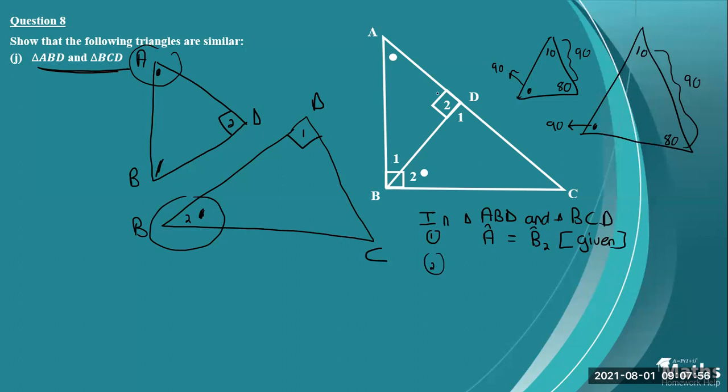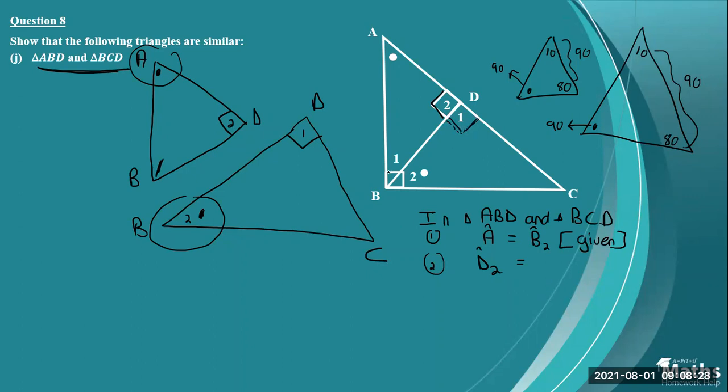Angle D2 there is equal to angle D1. Okay, why is D1 going to be 90 degrees as well? Because it's adjacent angles on a straight line. A, B, D, that one will be 90 degrees, and B, C, D, that one will also be 90 degrees.